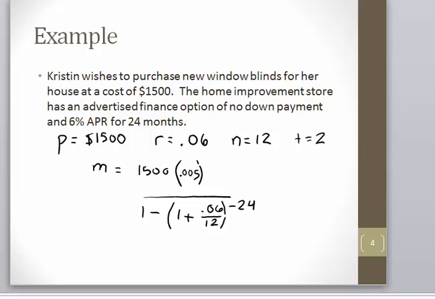We can also do the similar calculation in the denominator, where we have 1 plus 0.06 divided by 12. If we know that 0.06 divided by 12 is 0.005, then adding 1 will give us 1.005.